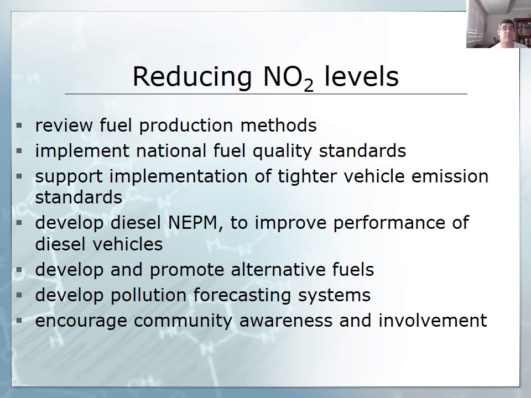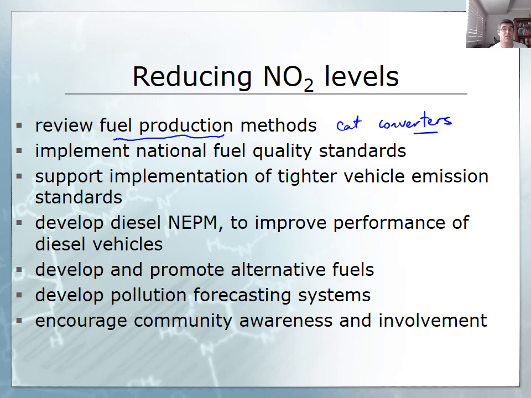Some of the things that have been done in order to try and reduce the nitrogen dioxide levels include a review of fuel production methods, and you may remember that we talked about things like catalytic converters that are specifically associated with the exhausts from fuels in motor cars.